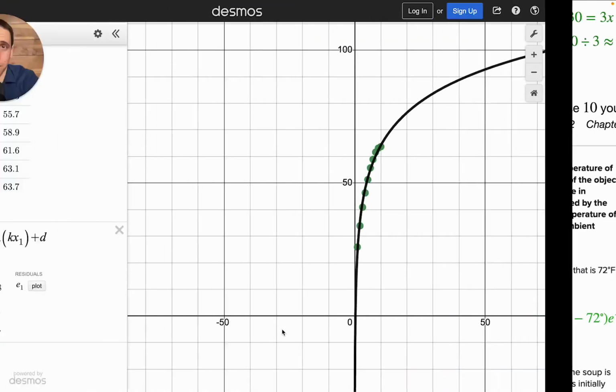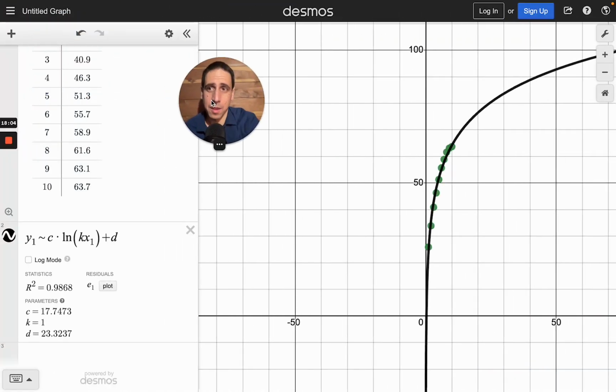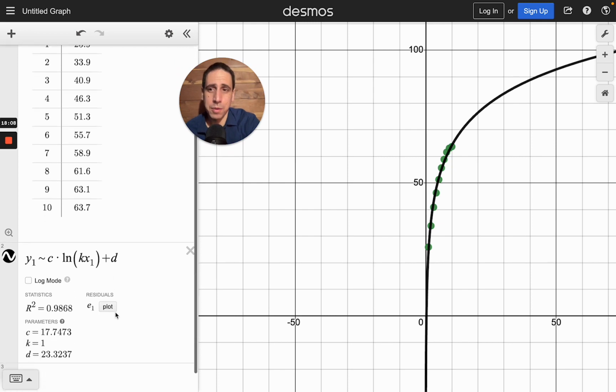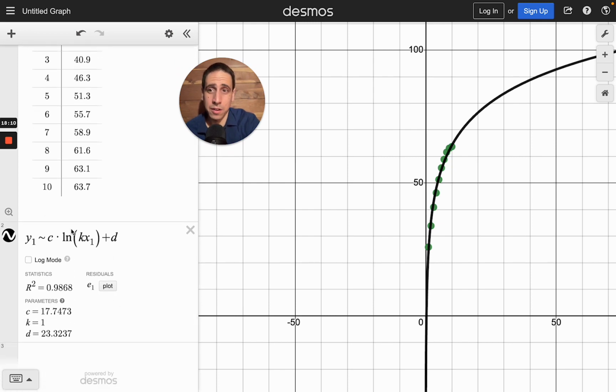Let's see if I got this. Yeah, it's right here. So you can make a table like this, and you can graph the points, and then you can type in the parent function of the log equation, and it's going to be in base e because of the central importance of e in exponential growth and logarithmic growth applications.